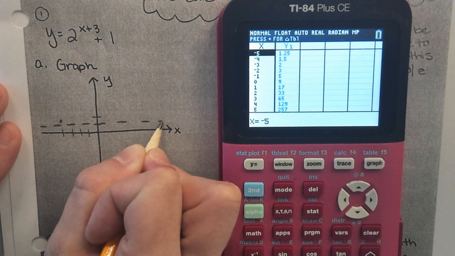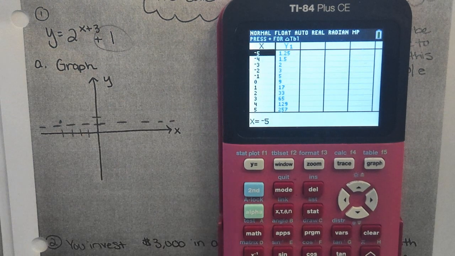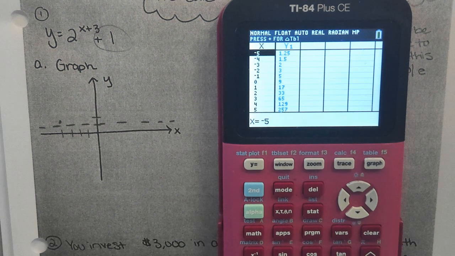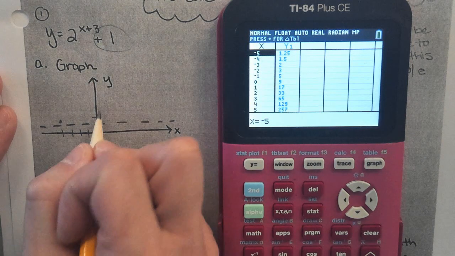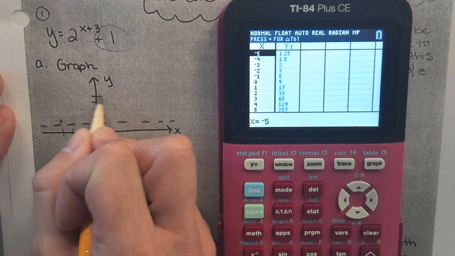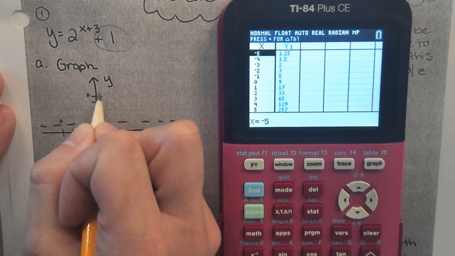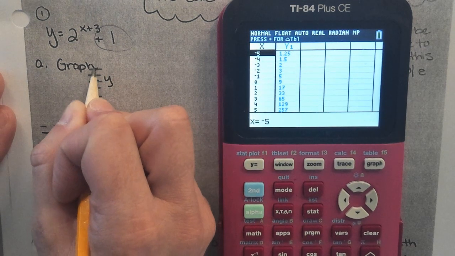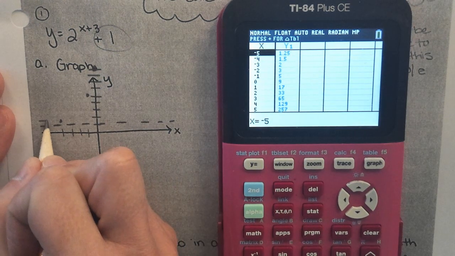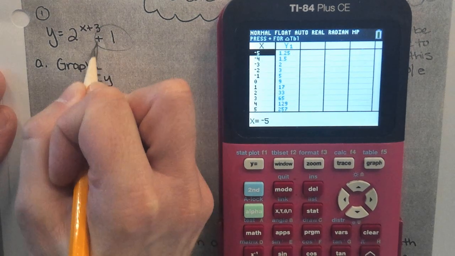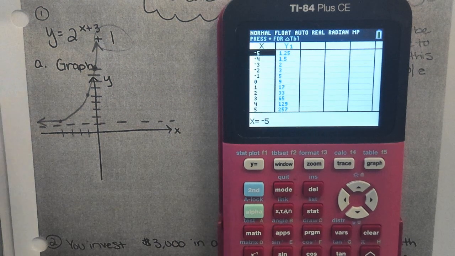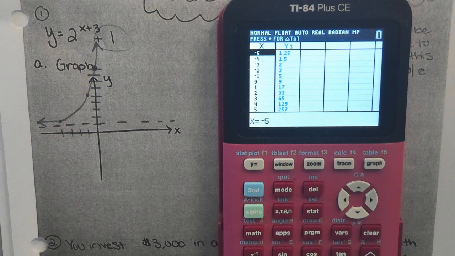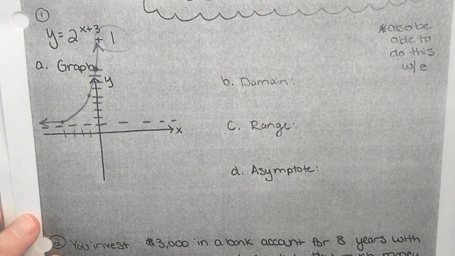And again, normally my asymptote lives at the x-axis, but because of this plus 1 outside giving me a translation up, my asymptote is also going to translate up with me. -1, 5, 3, 4, 5, and then 6, 7, 8, 9, I'm off the grid, that's okay. Okay, so there's my graph. Good?